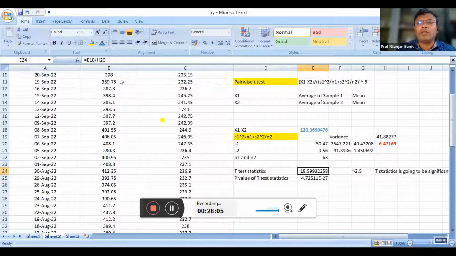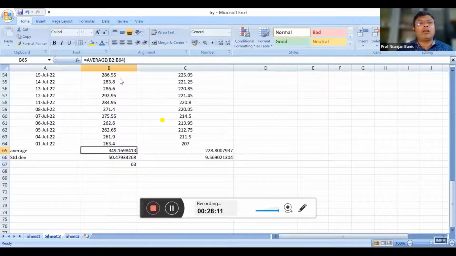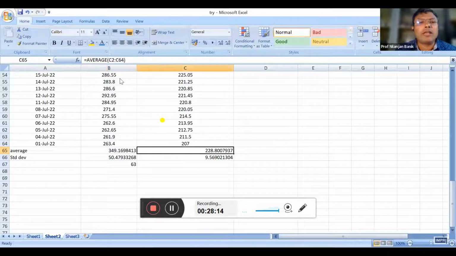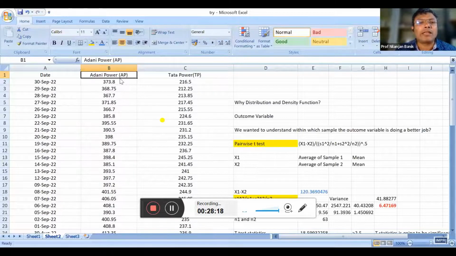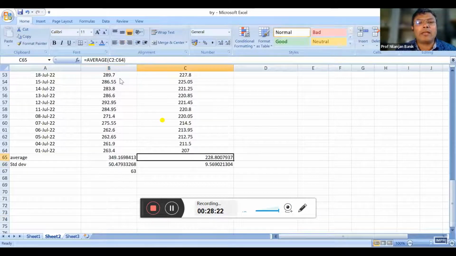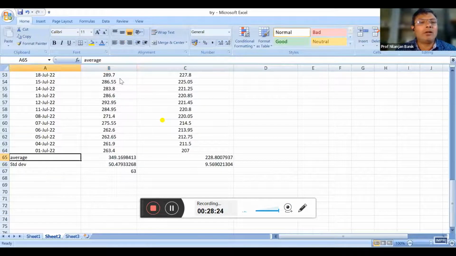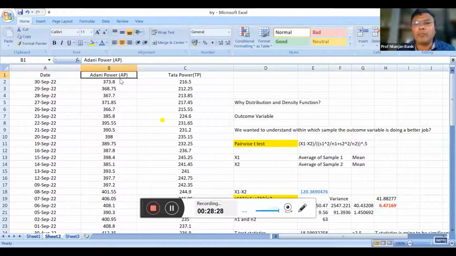So coming back to Purnima's question, it does not require a great deal to understand which one of the samples has a higher mean, because by looking at the data I can say that Adani Power has a greater mean.